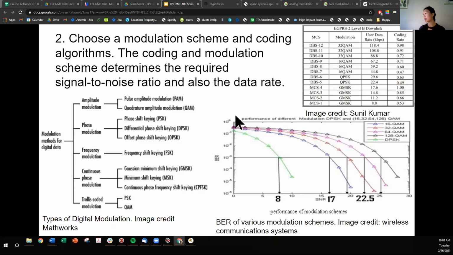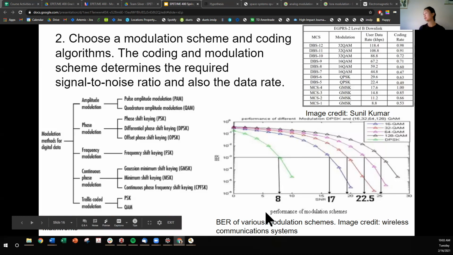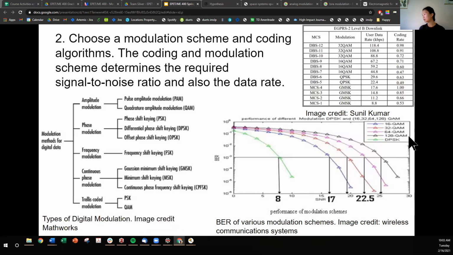And you can see a graph of that effect, the performance of these different modulation schemes. Signal to noise ratio, you want to have a higher signal to noise ratio, right?